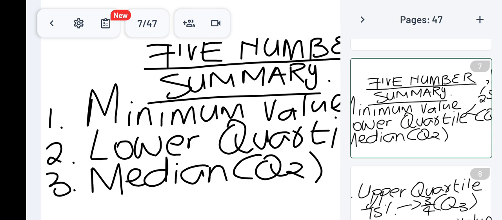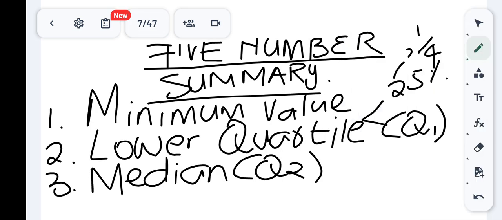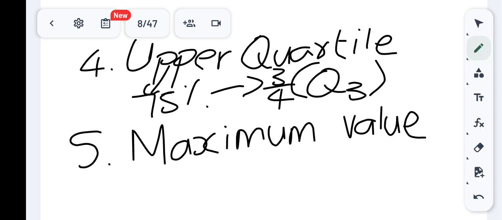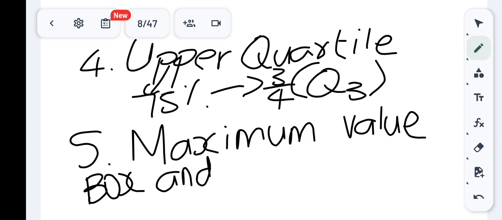So to represent this 5-number summary in a visual representation, we use what we call a box and whisker plot.